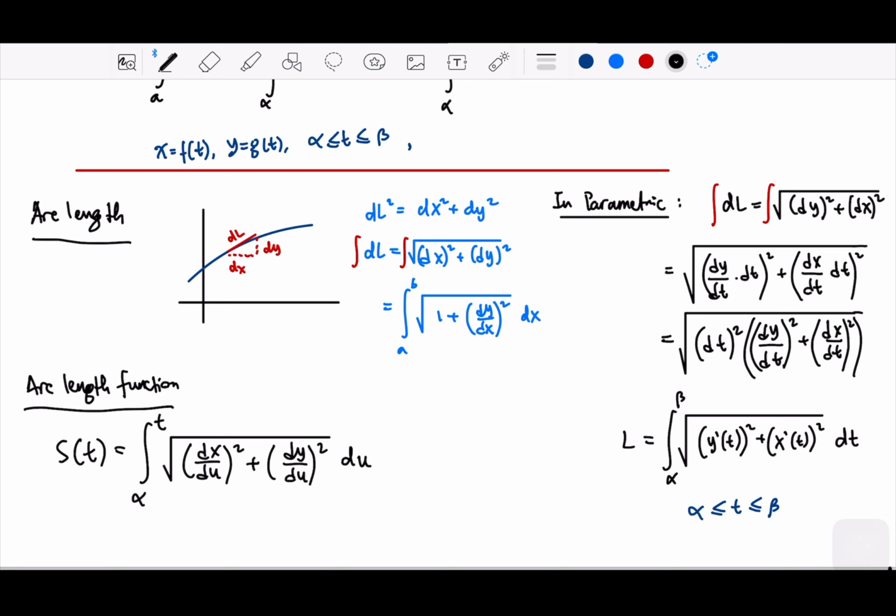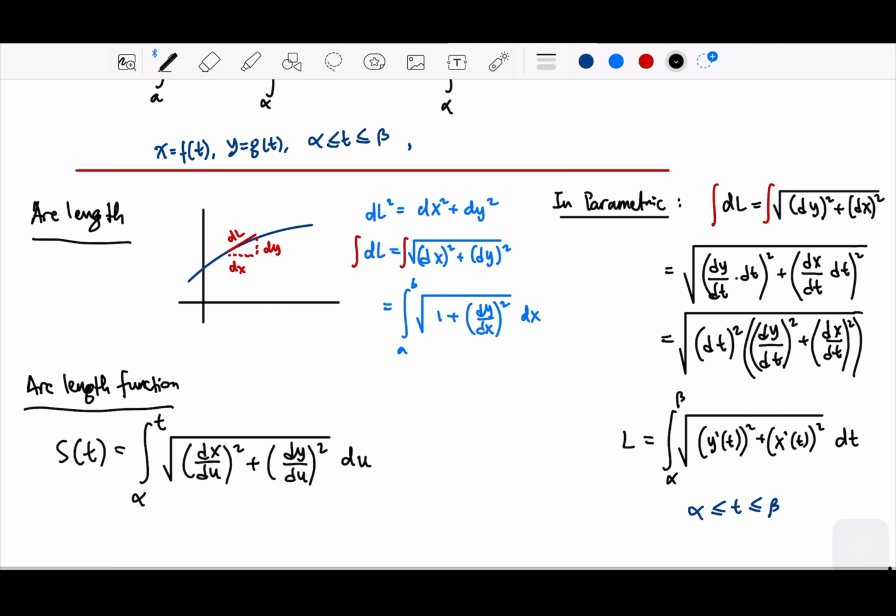Where is the u? du is another additional variable. If you remember correctly, in the arc length function, we have a constant x, right, and then t. Now we have t and then another one, u, an additional variable.